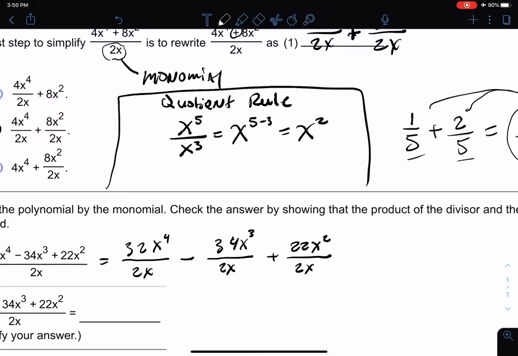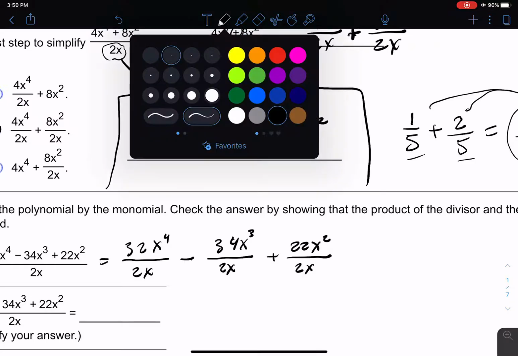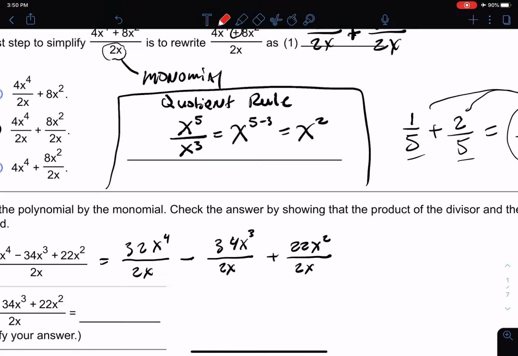The reason why we're allowed to do that is because if I took a look at this expression and rewrote it again, let's say we had x to the fifth up top, which we know equals x times x times x times x times x, five of them being multiplied.